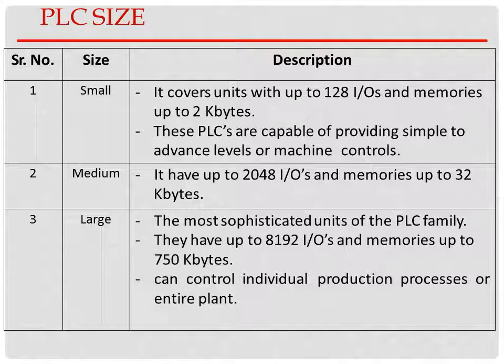Small PLCs are used for small applications such as projects for the students, then small applications such as drilling. Medium PLCs are used for moderate applications, while large PLCs are used for industry purposes.